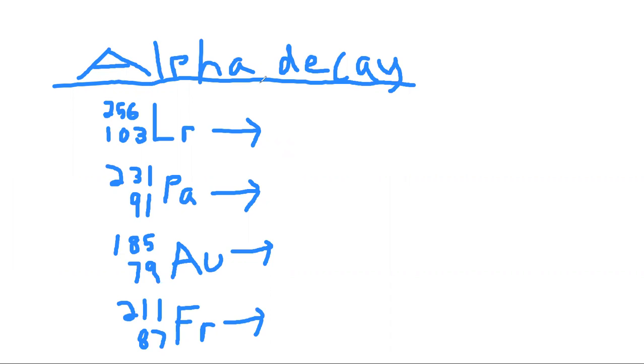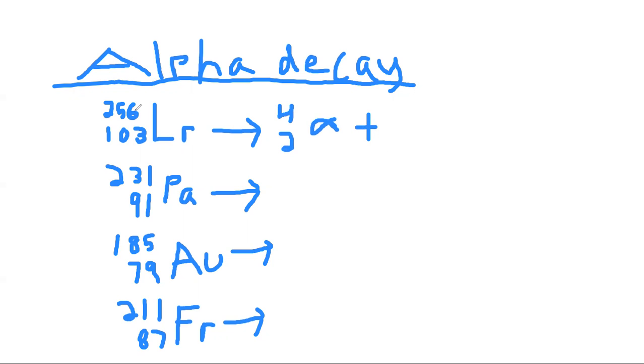So for all of these, we're doing alpha decay. So for the first one, we need to use the alpha particle. And we need to make sure that the atomic numbers and atomic masses add up on each side.